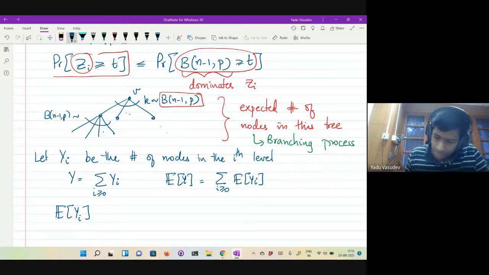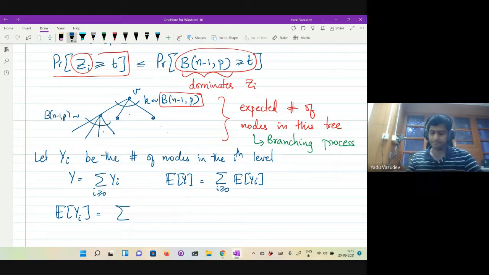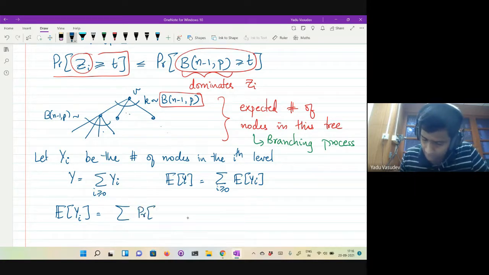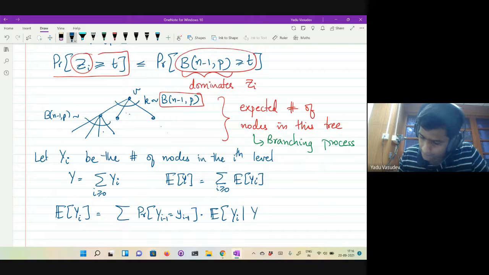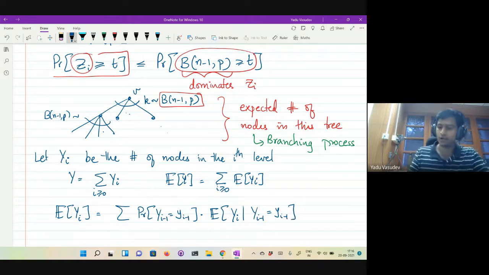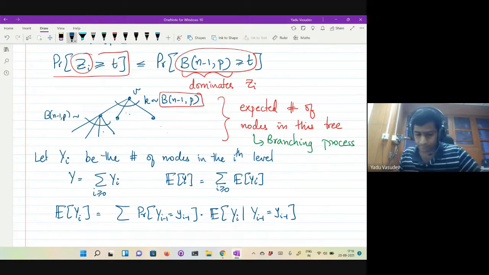Right? So expectation of yi is nothing but I can use conditional expectation to say that there's a probability that in the i minus first layer you had yi minus 1 nodes, and then the expected value of yi, given that in the i minus first level you had yi minus 1 nodes, right?